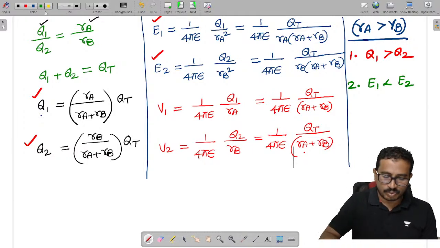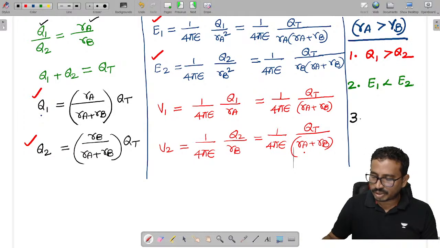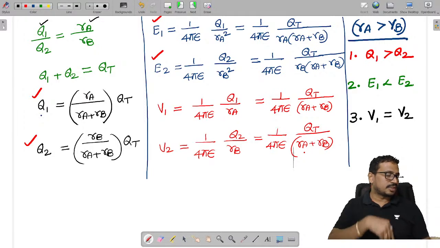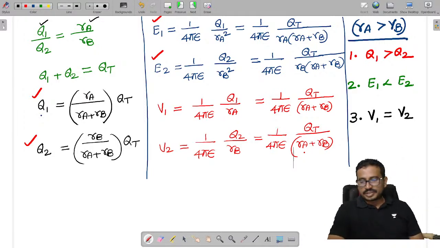Next, what about the potentials, you tell me? Both potentials are equal, you see carefully: V1 is equal to V2. Both potentials are equal.